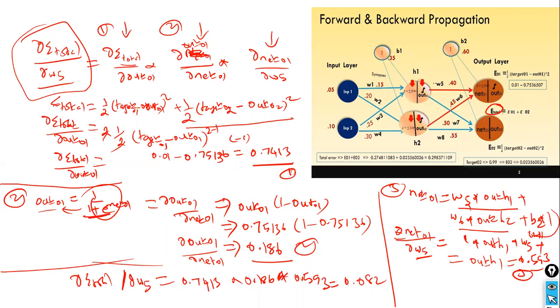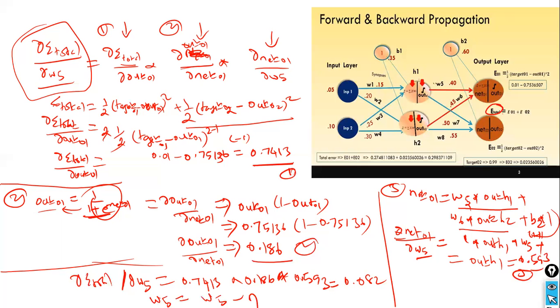Then what is the next step? The next step is we need to update the weights. In this case, the weight is W5. W5 is equivalent to W5 minus eta into dou E total by dou W5. You remember this is the cost. What is the cost function in our case for this thing?